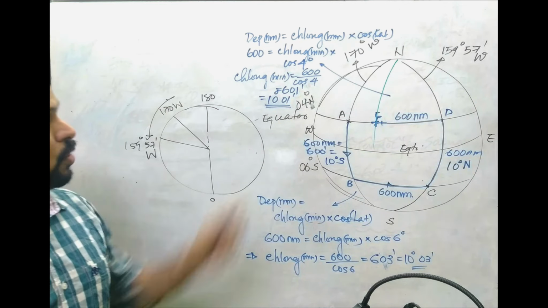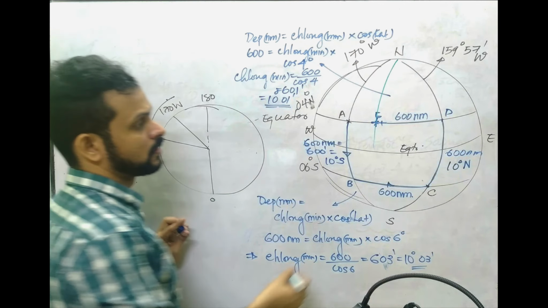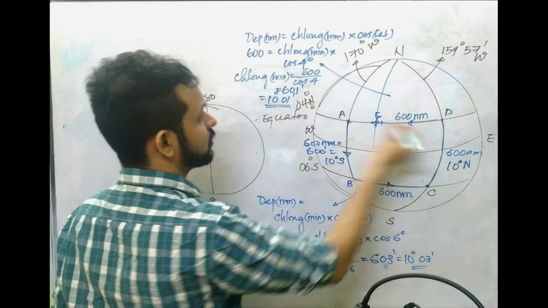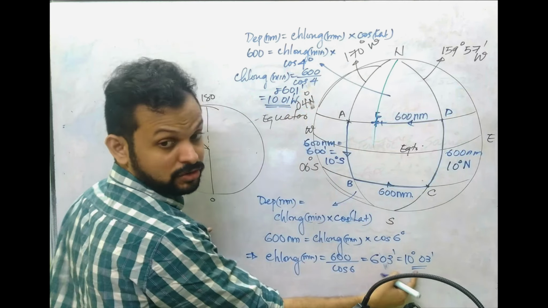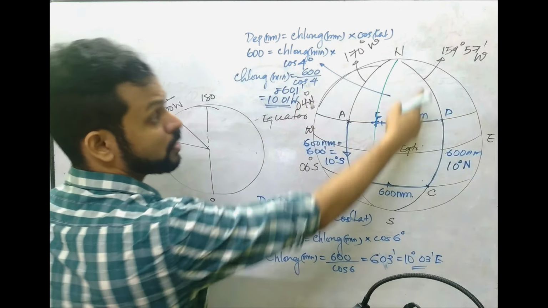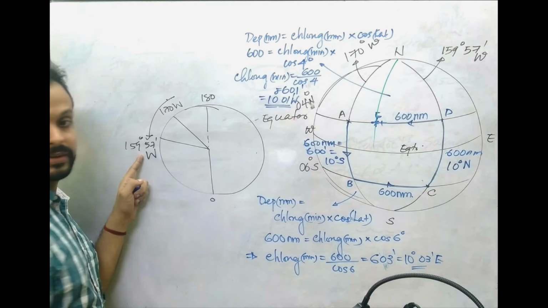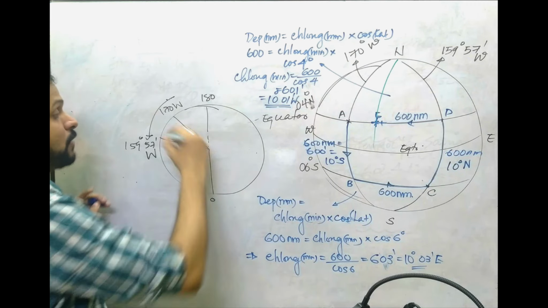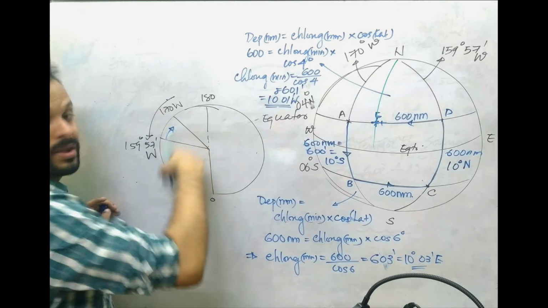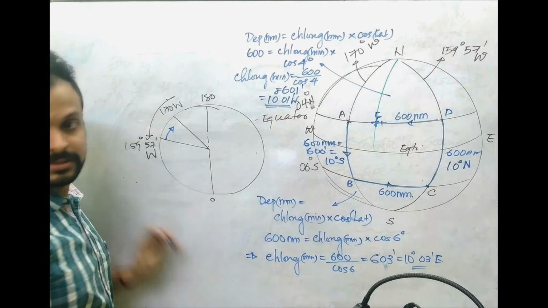Right? What direction is the change happening? The change is happening towards west. What was the direction here? It was towards east. This is west. So where will you end up? You are on 159 degrees 57 minutes. Now you're traveling west. So from 159 degrees 57 minutes over here, now you're traveling back. You're traveling westward, which is a clockwise direction, by 10 degrees and 1 minute.